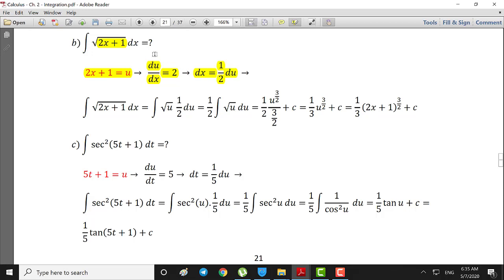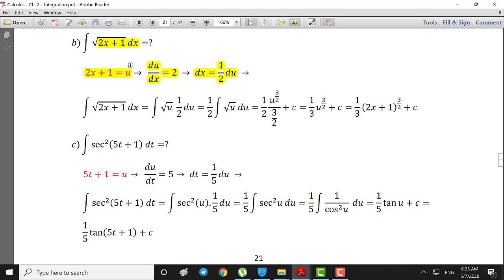What are we trying to do here? We are choosing one part as u, and we are trying to rewrite this integral in terms of u. So everything else that we have also has to be written in terms of u.